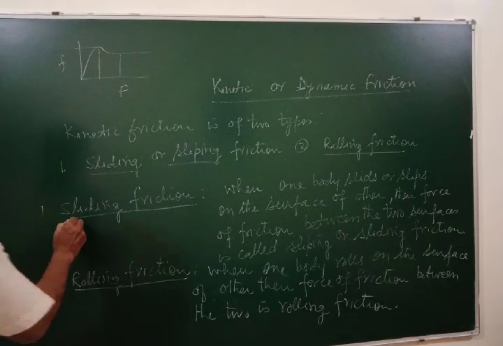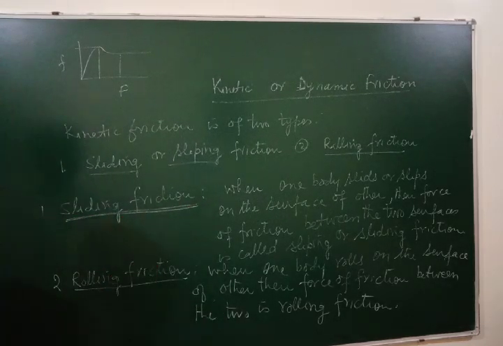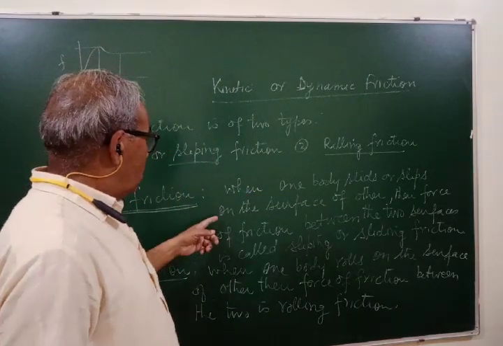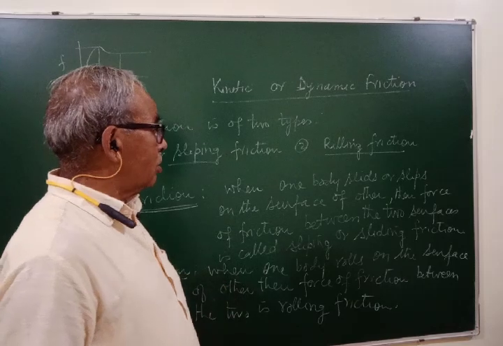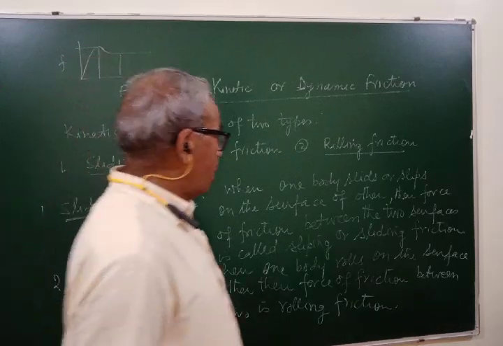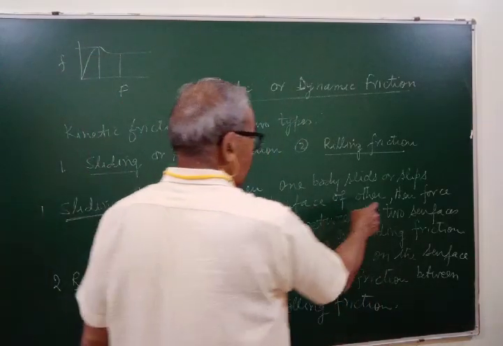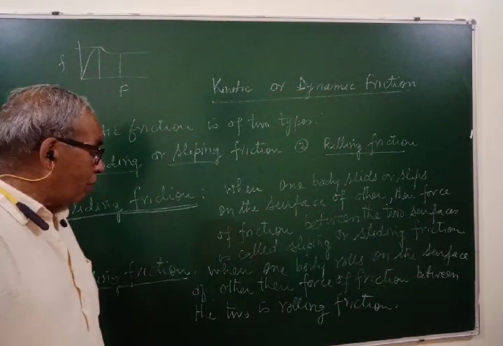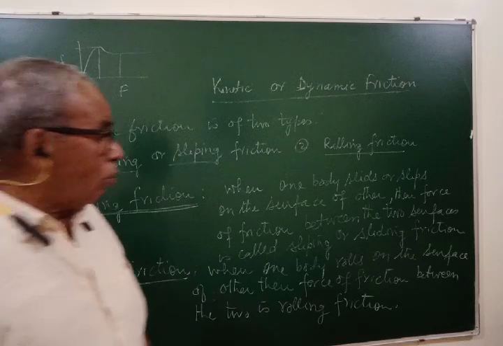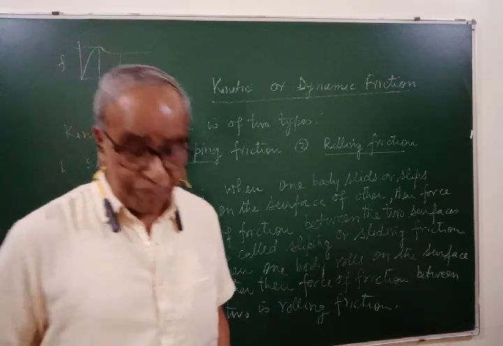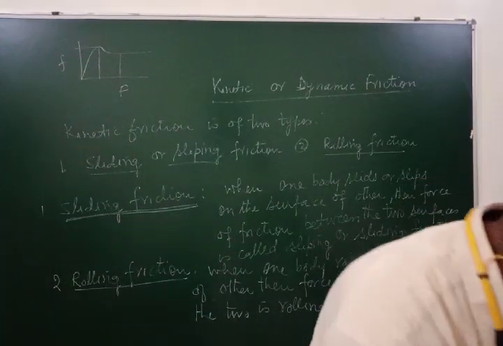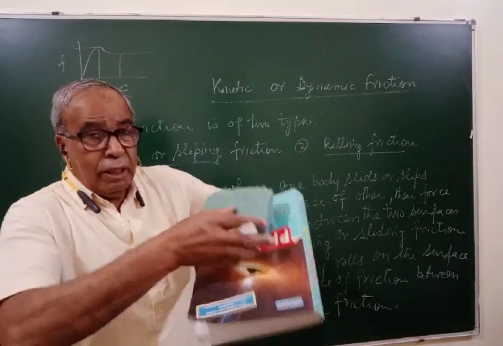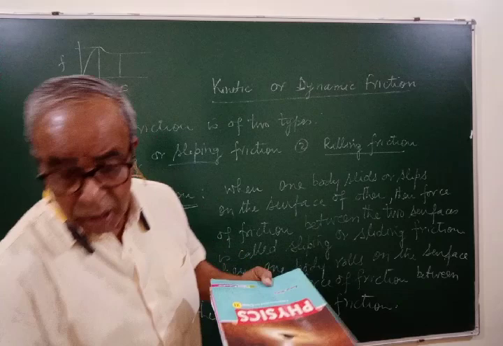तो स्लाइडिंग और स्लिपिंग फ्रिक्शन, when one body slides over or slips on the surface of the other, then the force of friction between the two surfaces is called स्लिपिंग और स्लाइडिंग फ्रिक्शन. सिंपल बात है भाई, अगर ये डस्टर इस पर स्लिप कर रहा है तो इसके बीच में स्लाइडिंग फ्रिक्शन है.